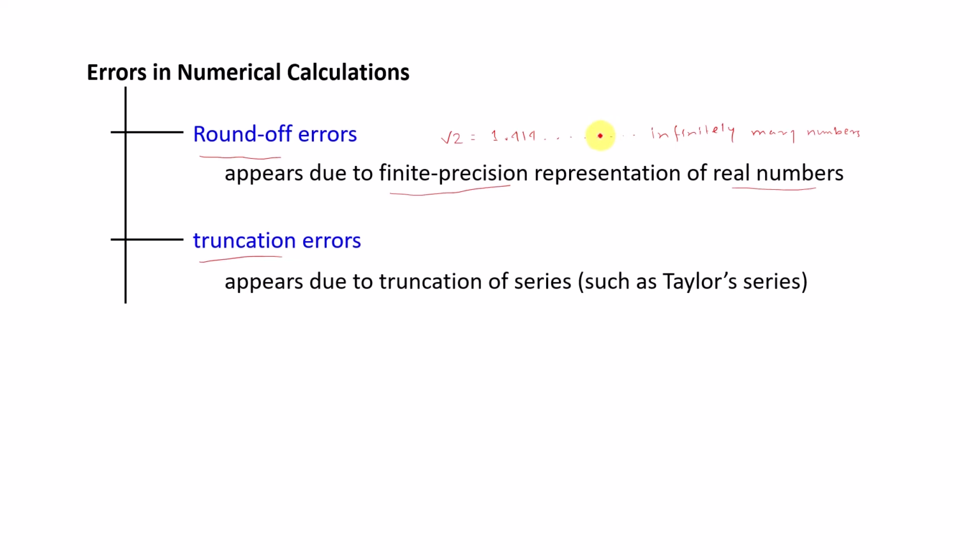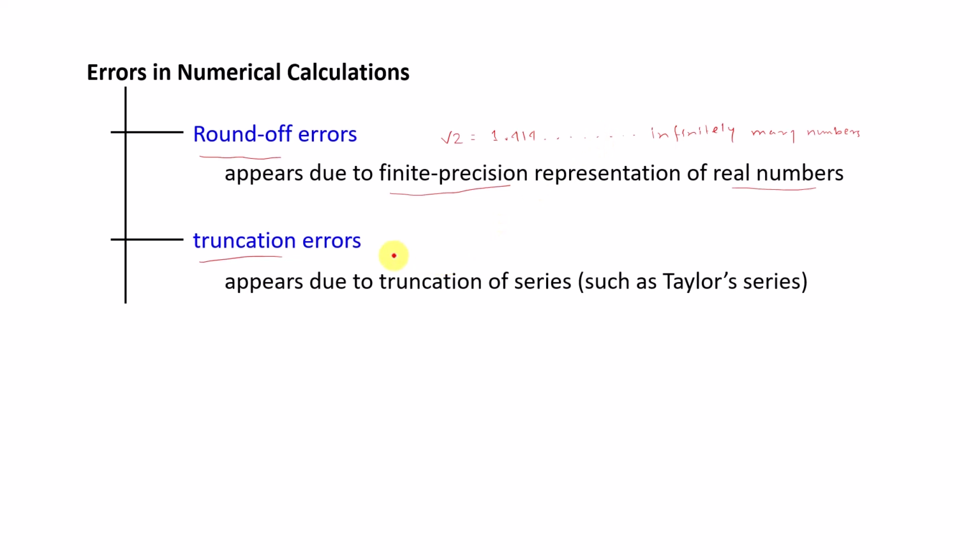Of course, this does not appear in integer calculation or rational number calculation. However, most of the time, we do not have the luxury of using integer or rational number calculation. Numerical calculation mostly involves real numbers, and we have to cut real numbers after certain digits. So this is a round off error.